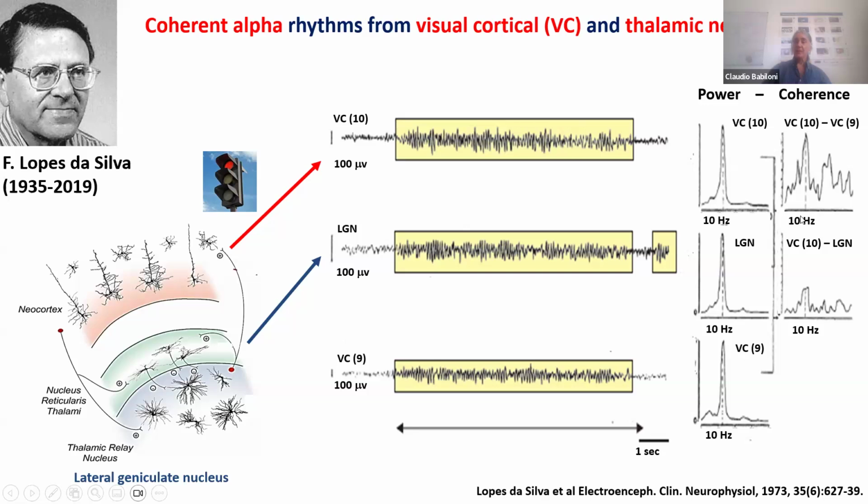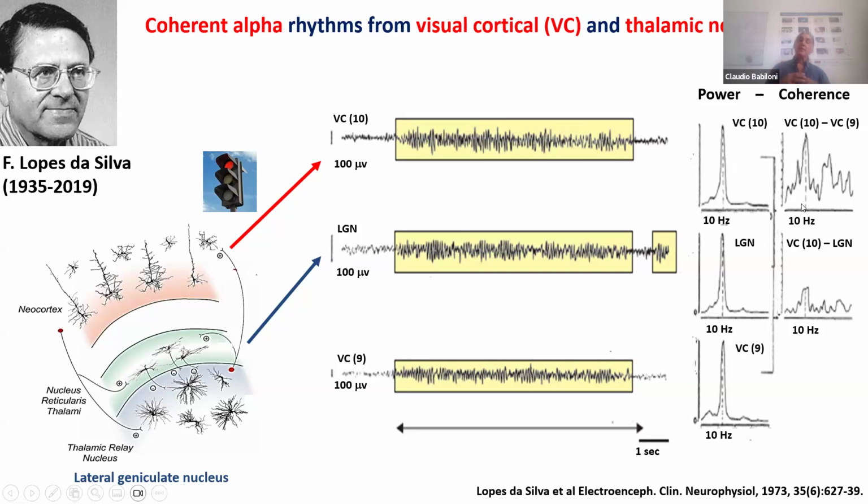And you see that the maximum coherence, the maximum interrelatedness of the phases of the oscillations, the maximum correlation between the two local field potentials was observed at 10 Hz. There is another peak around 20 Hz also, but the higher coherence is at 10 Hz.